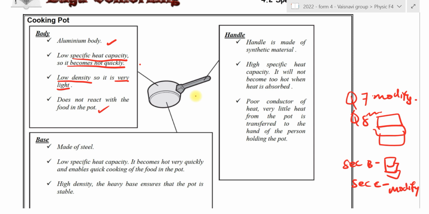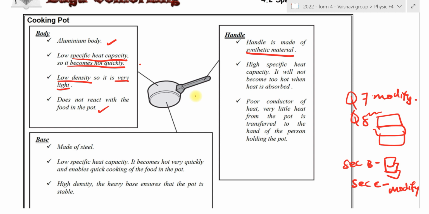The handle is made of synthetic material like plastic or wood. High specific heat capacity, it will not become too hot when the heat is absorbed. At the same time, it is also a poor conductor of heat. Very little heat from the pot is transferred to the hand of the holder.